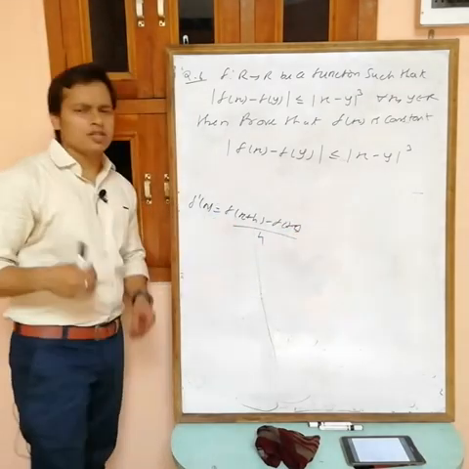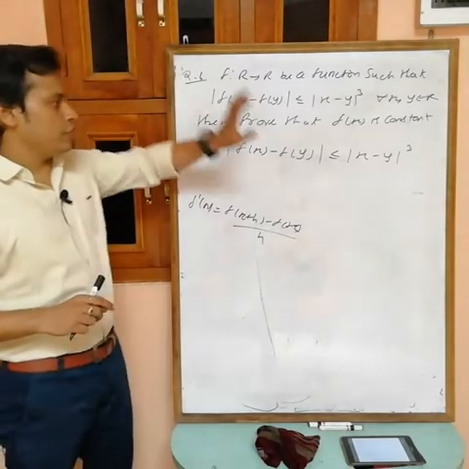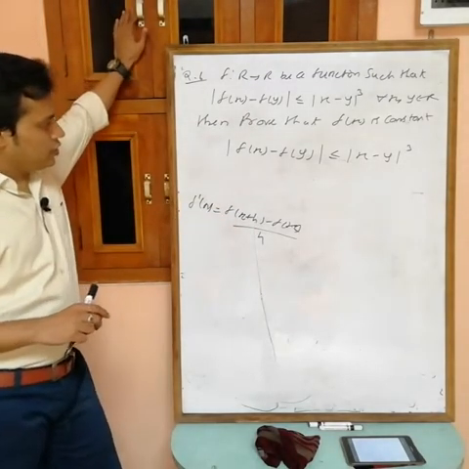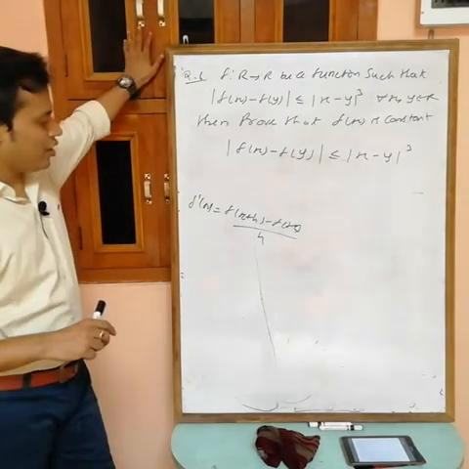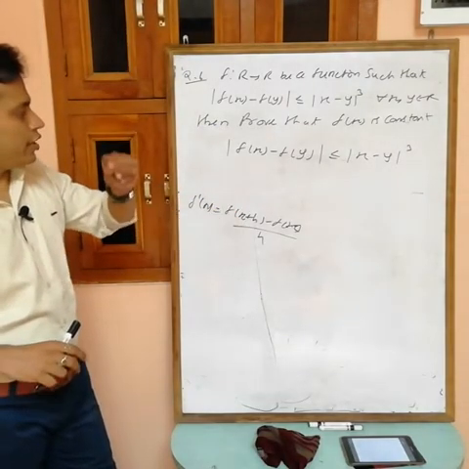At the place of x you can use any other variable also, no problem. Now see, can you convert this into this form? This is f(x) minus f(y), but actually you want f(x + h) minus f(x).